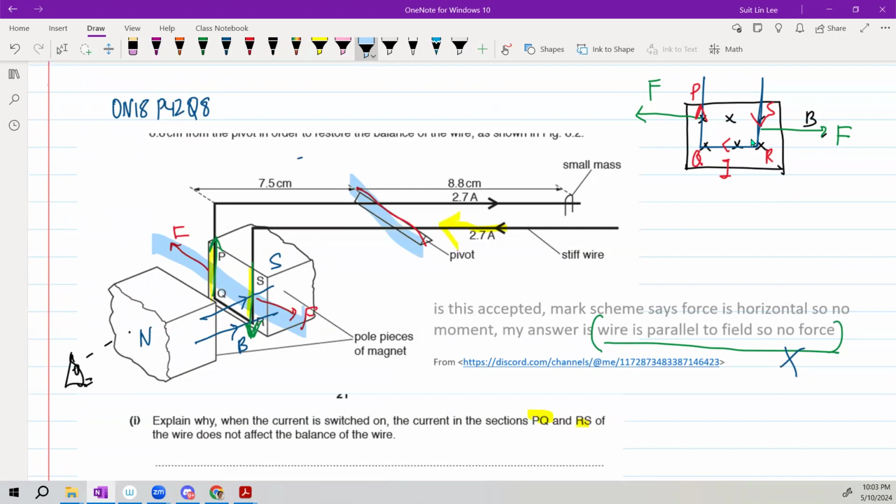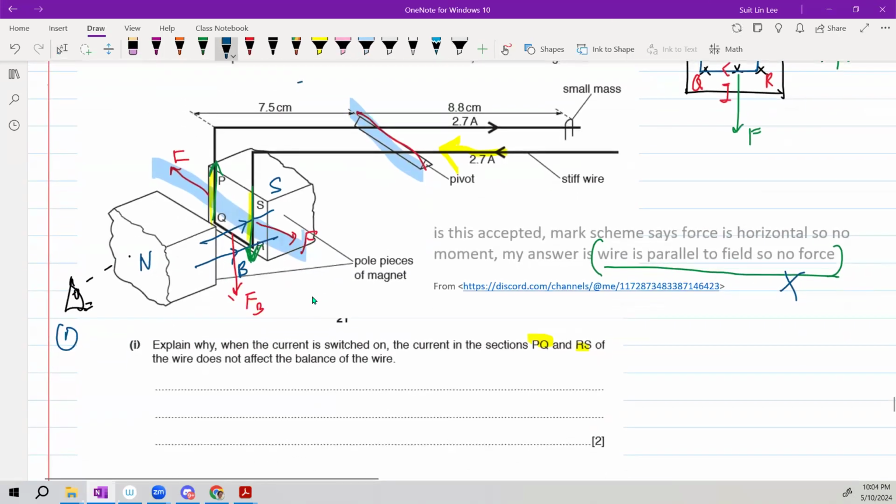If I view from this side, the pivot is here at the back. And then if I want to draw the forces for QR, the force will be here. So from the perspective of QR, the only force that will cause a moment is this FB. Okay, so this is view 1.